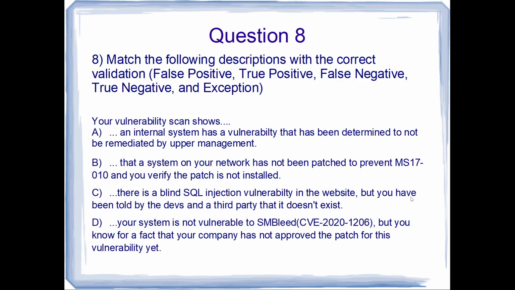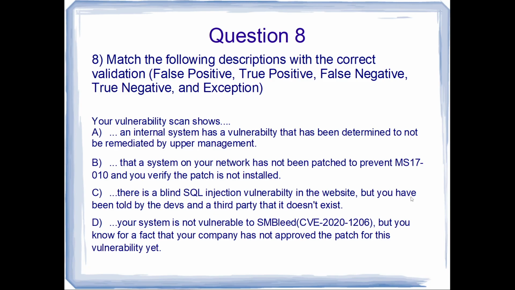So we've performed a vulnerability scan. An internal system has a vulnerability that has been determined to not be remediated by upper management. We have a system on your network that has not been patched to prevent MS17-010, and you verify the patch is not installed.